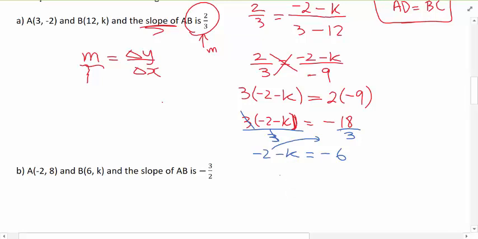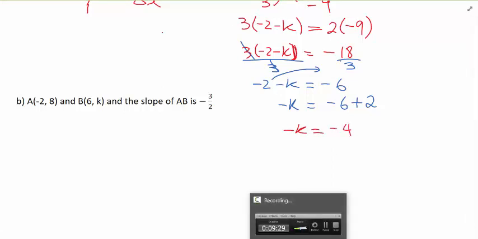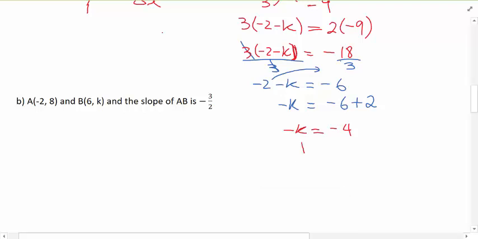So you get negative k is equal to negative 6 plus 2. And let's finish it up. Negative k equals what? Negative 4. Now this is negative k equals negative 4. So what is positive k equal to? 4. Equals 4.